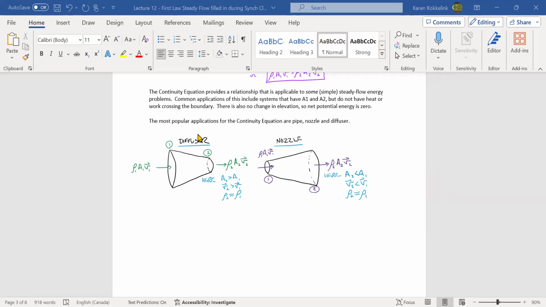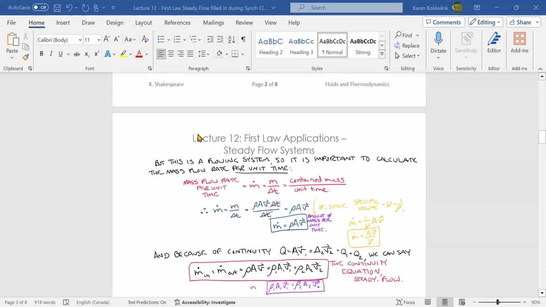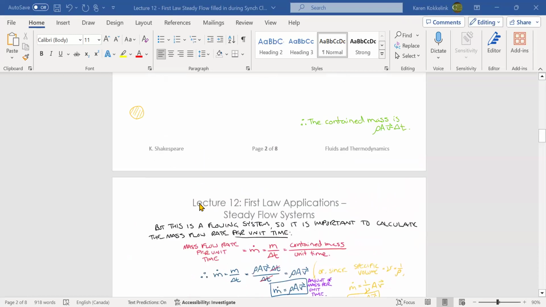What does that do for our actual energy equation?